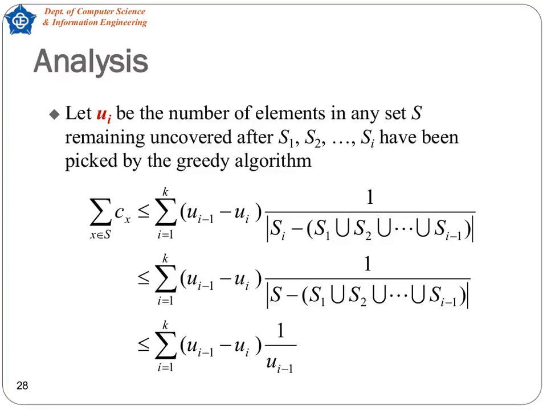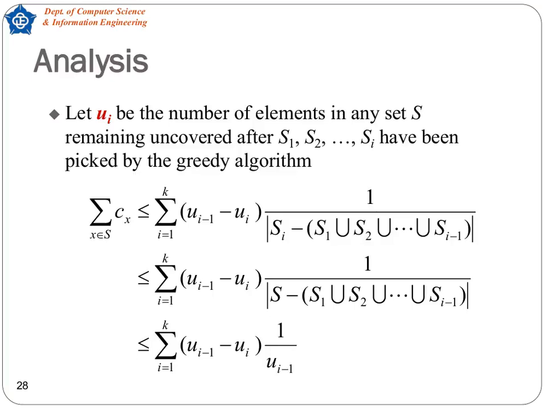This observation explains exactly why the algorithm always picks the set that covers the maximum number of yet uncovered elements. Continuing from our previous slide, we let u_i denote the number of elements in our target set S that remain uncovered after the greedy algorithm has selected i sets. Our goal is to bound the total cost assigned to elements of S, which we express as the sum over x in S of c of x. First, we group those costs by the step at which each element is covered.